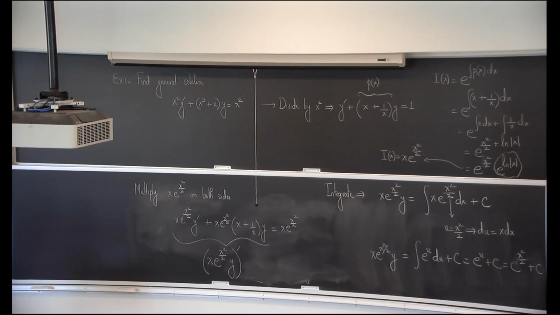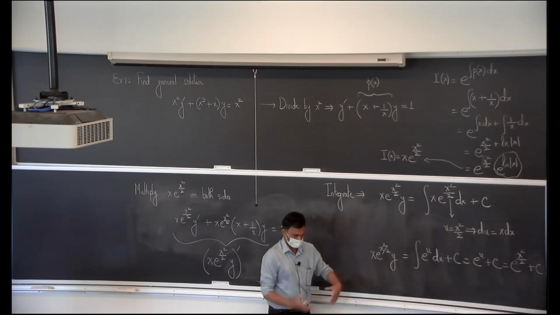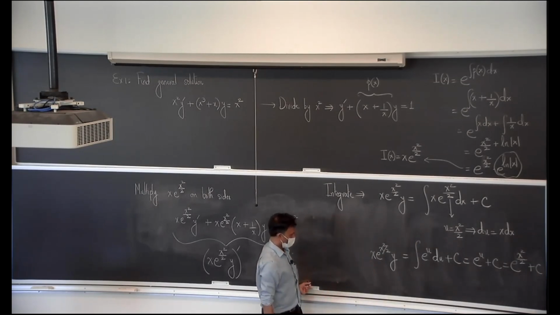And to finish it off, divide both sides by x e to the x square over 2. That's a universal step because you have this integrating factor always multiplying y. You just have to divide that on both sides.